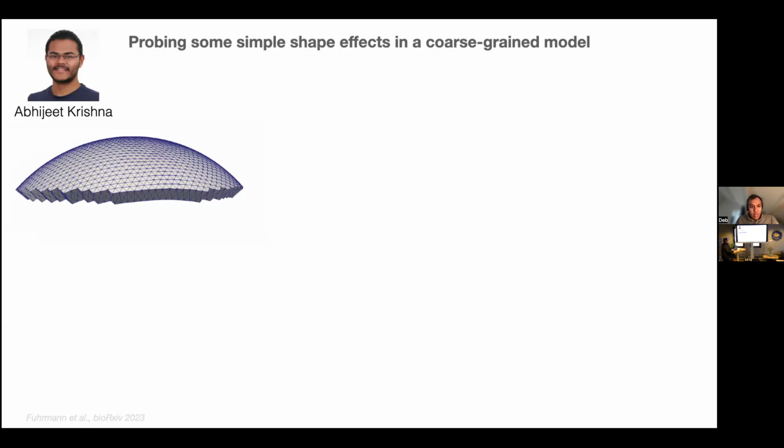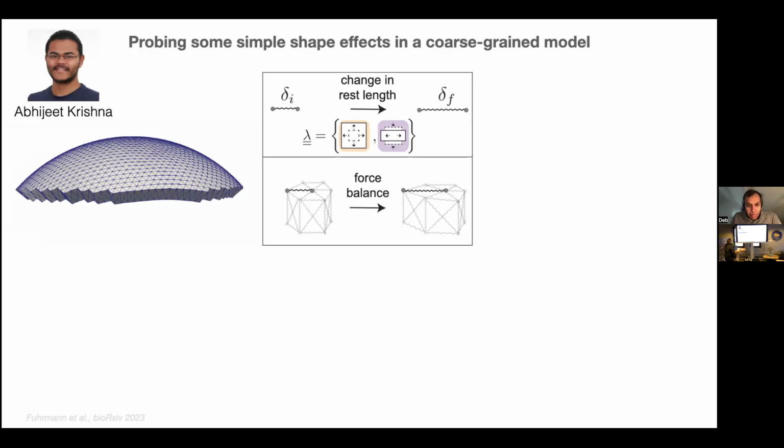And so Abhijit put together this really nice spring mesh, dashpot mesh lattice model, where we can change the natural rest lengths of the springs in some pattern to capture the spontaneous strains in some way. And then look at the force balance and, with the dashpots, the dynamics of the system to see what kinds of shapes you land on.